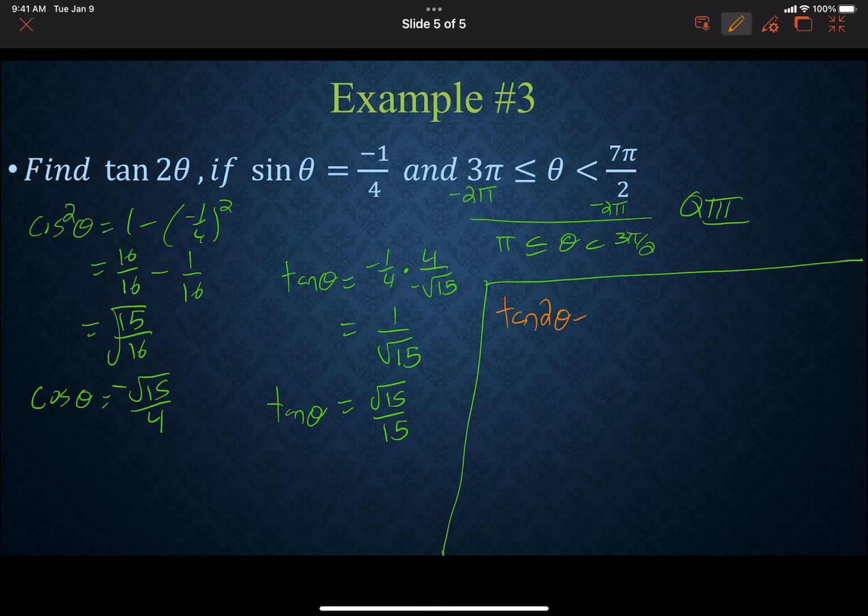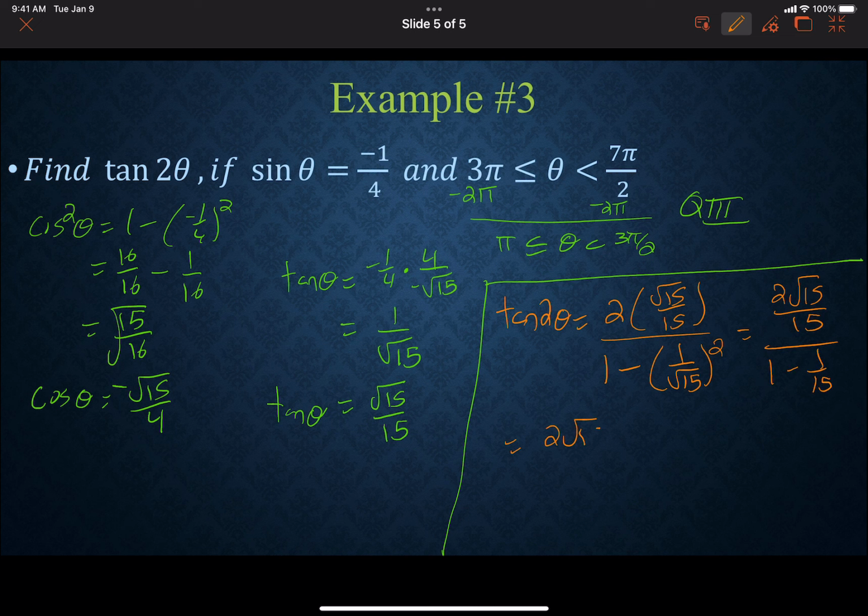Tangent 2 theta is 2 times tangent theta, so 2 times root 15 over 15, over 1 minus tangent squared. Because I'm squaring, I'm actually going to work with the original unrationalized version, so my numbers don't get too large there. The numerator is going to give us a 2 root 15 divided by 15. Our denominator is 1 minus 1/15.